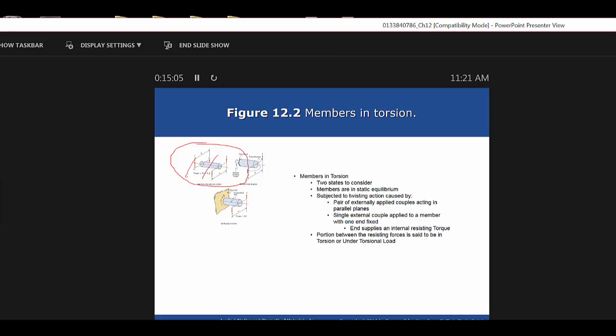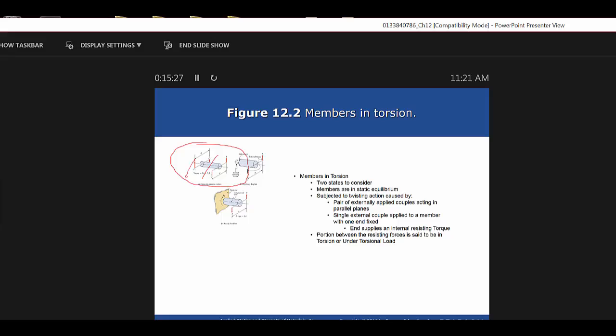That's how a couple works. One force times the distance between the two. Or you could even look at that as the diameter, especially when we're dealing with pulleys. Think of that D as a diameter. Might be an easy way to remember it.